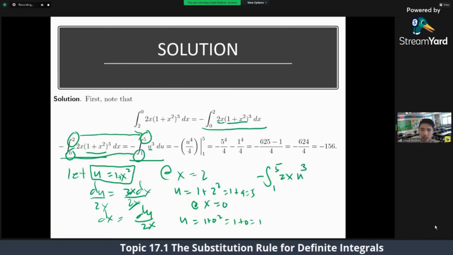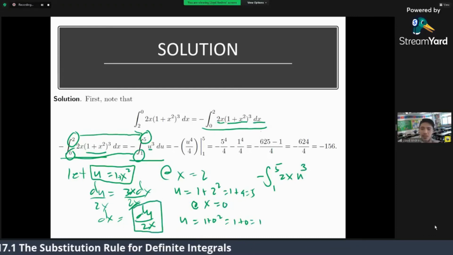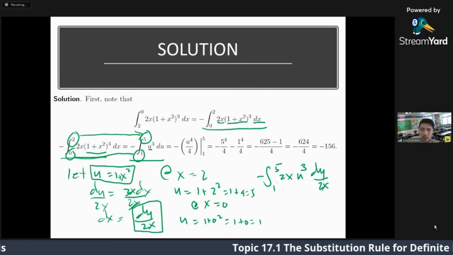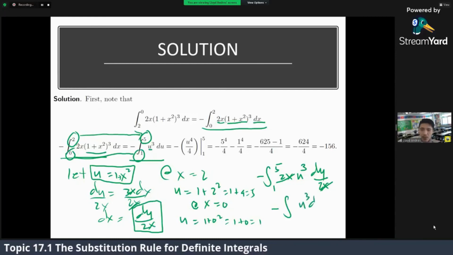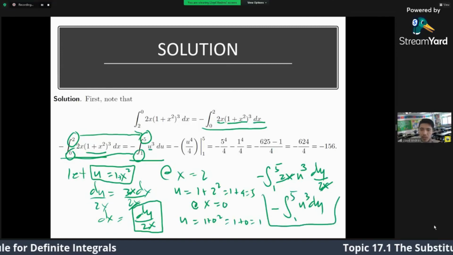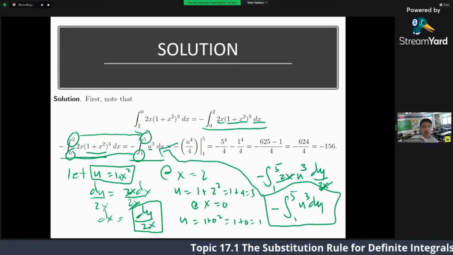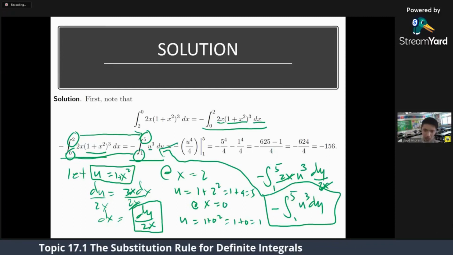While our dx is du over 2x, so 2x cancels. So what simplifies is the negative integral of u cubed du from 1 to 5. I hope you were able to follow this.